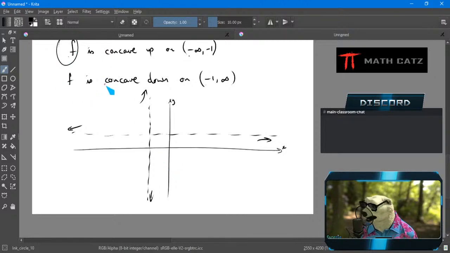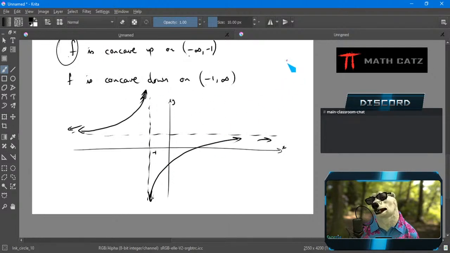The information I got now totally fits with this, because I'm going to have to bend up to the left. Of course, I have to update these arrows. I have to bend up on the left side of -1, and I have to bend down on the right side of -1. So everything agrees with the information I would have gotten up to that point.